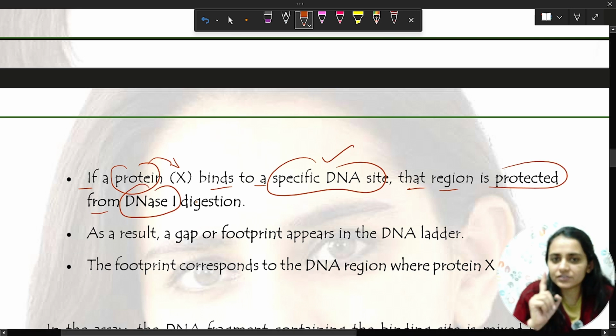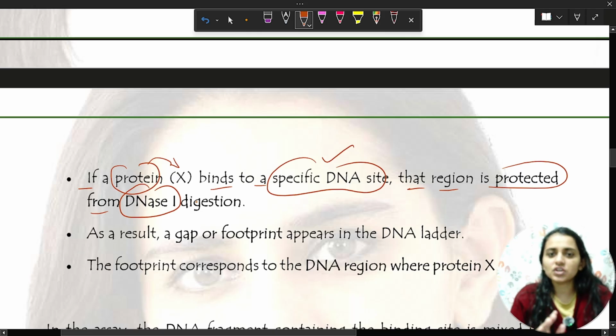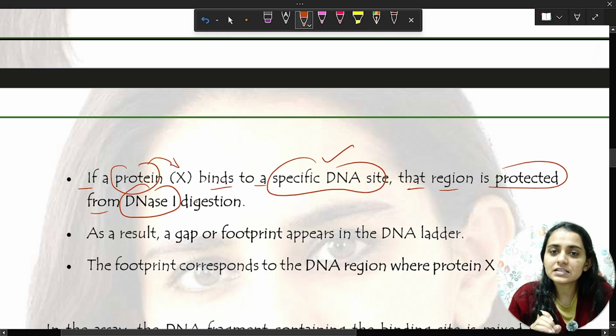So if a protein X binds to a specific DNA site, that region is protected from the DNase I digestion. What we are studying here is DNA-protein interaction. On the DNA at a specific site, some protein is attached and protecting it from DNase I digestion.